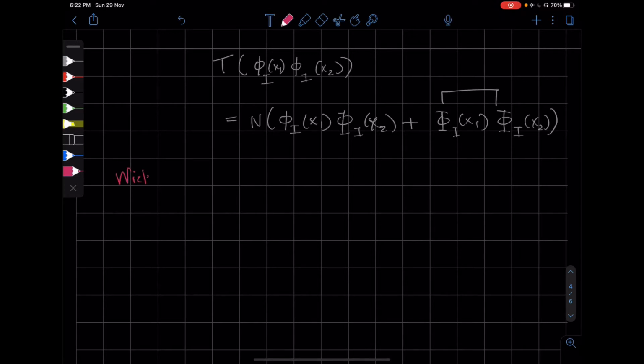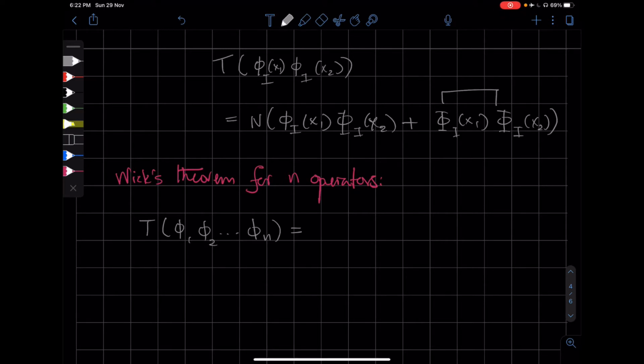So Wick's theorem, say for n operators, says that the time-ordered product of n operators is given by the normal ordered product.